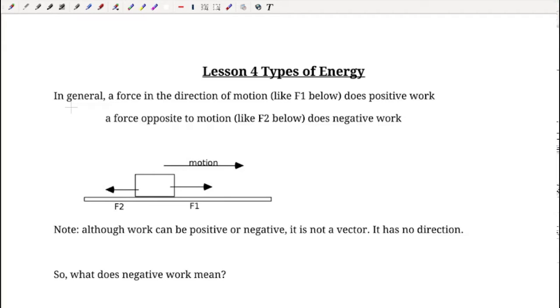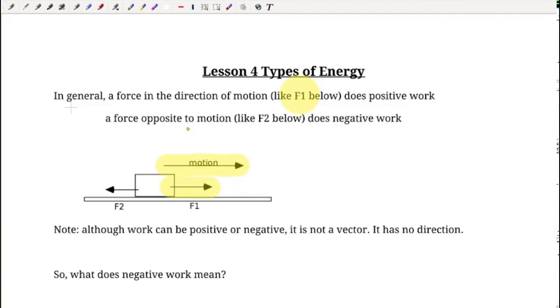In general, a force in the direction of motion, like force 1, F1 below, does positive work. So F1, positive work because it's in the same direction as the motion.